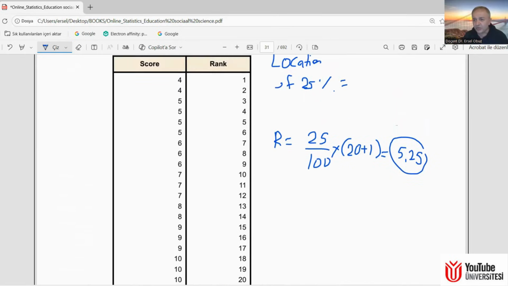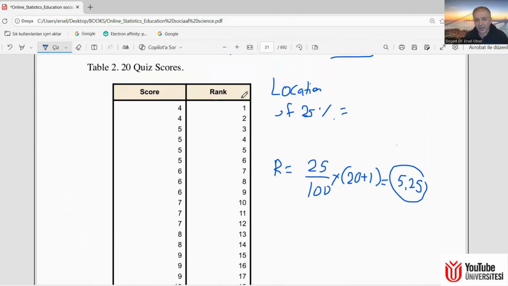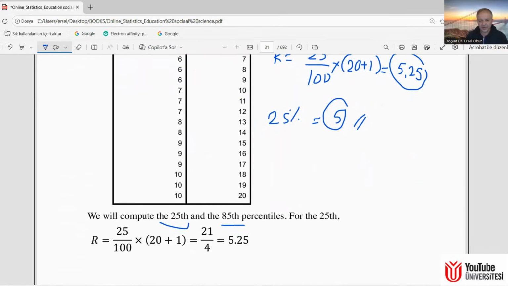So the rank is going to be 5.25, and the score is going to be between 5 and 5. Since it is between 5 and 5, the 25th percentile will be 5 for this question.